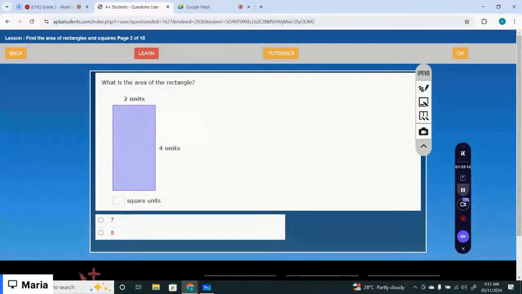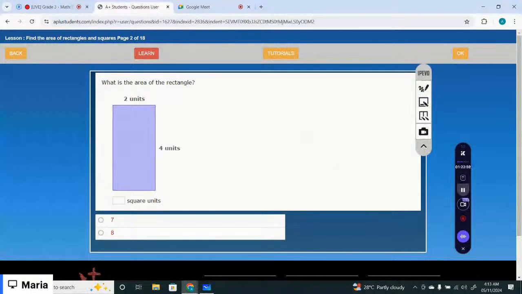What is the area of the rectangle? Which is the correct option? The correct option is 4 times 2 is 8.